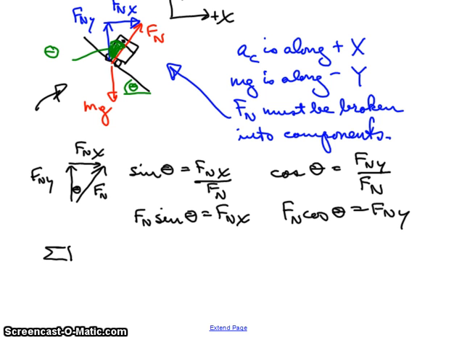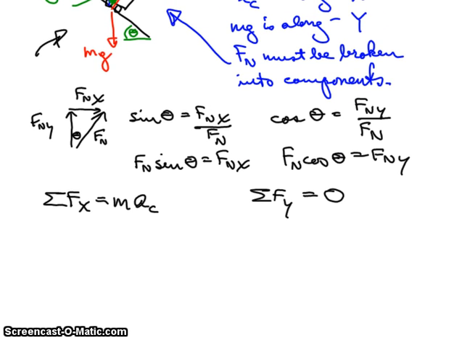The sum of the forces in the x direction is going to equal m times a sub c, the centripetal force, and the sum of the forces in the vertical y direction, the car isn't moving. We don't want it sliding up the ramp. We don't want it sliding down the ramp. We want it maintaining that position on the ramp, so there's not going to be any acceleration in that direction.